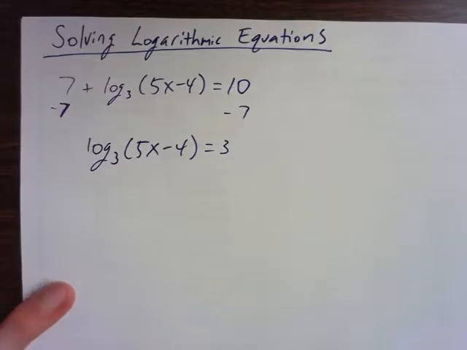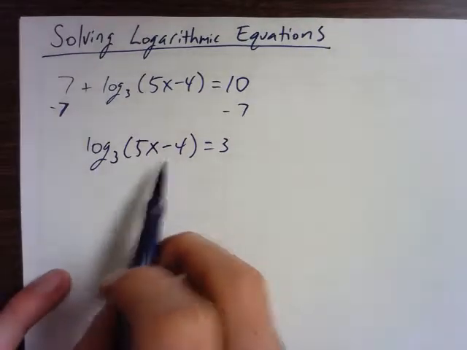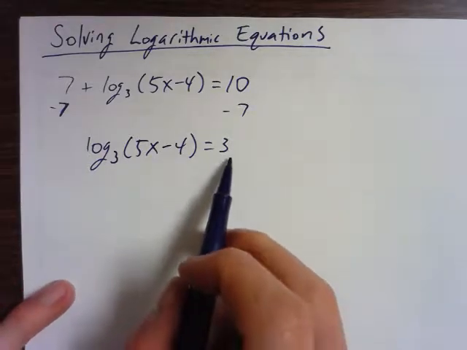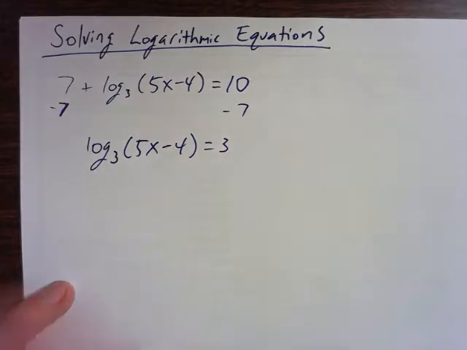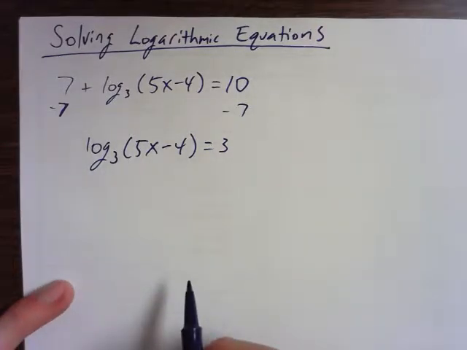And if we remember what a logarithm is, this is my base, this is my answer, and this is my exponent. So we really have everything we need as long as I have the log set equal to a number.